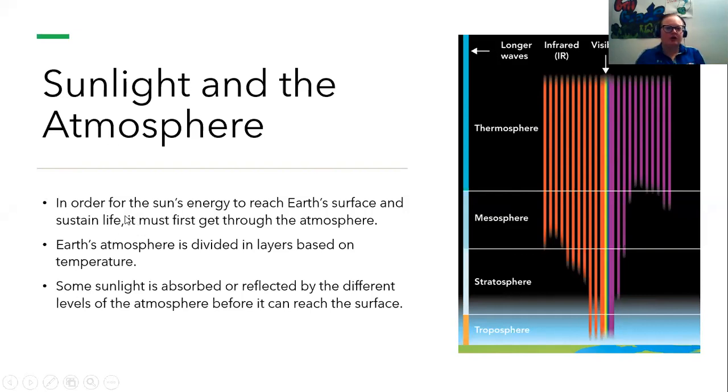In order for the sun's energy to reach Earth's surface and sustain life, it must first get through the atmosphere. Earth's atmosphere is divided in layers based on temperature. Some sunlight is absorbed or reflected by different levels of the atmosphere before it can reach the surface.